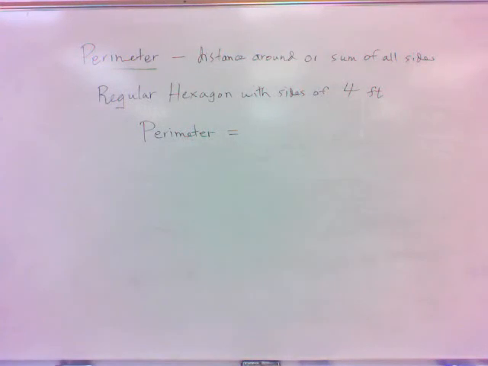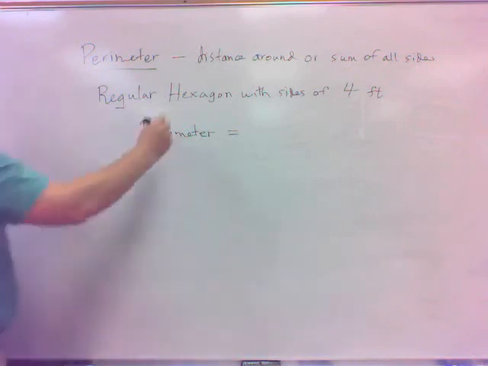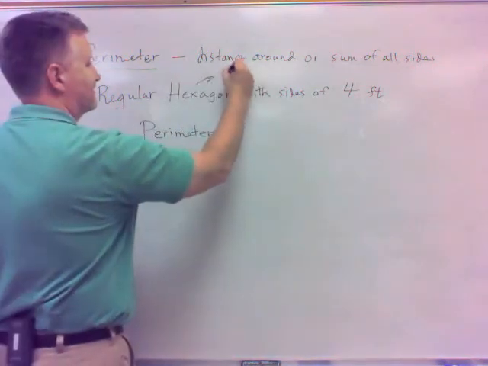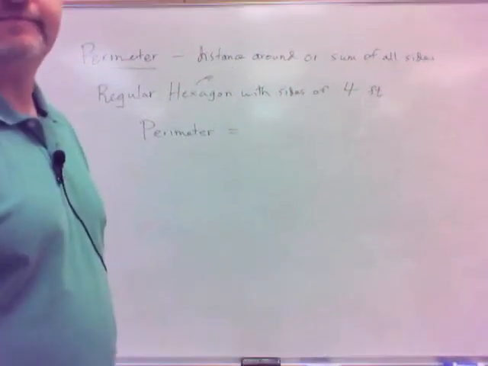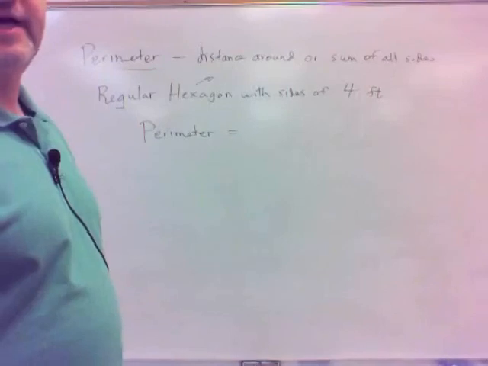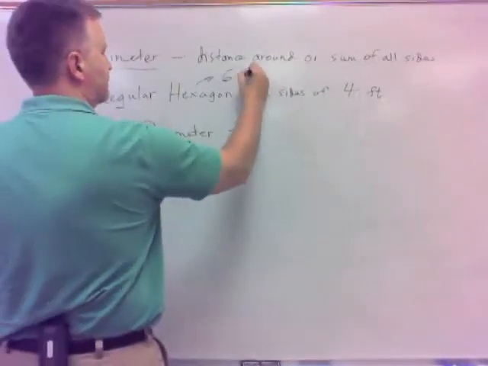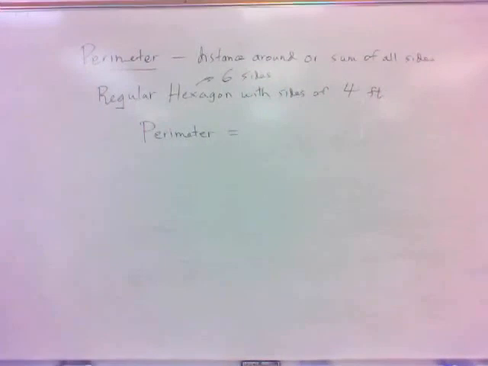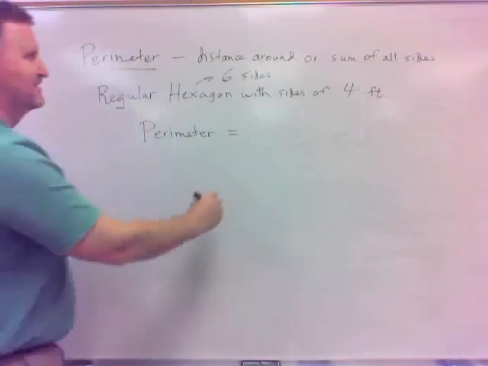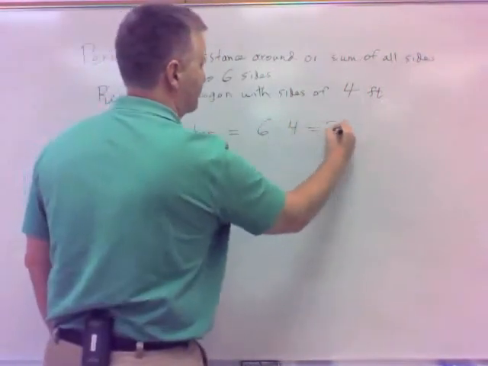Well, the key ingredient there is it's a hexagon, so how many sides is that? Hexagon? You don't know your pentagons? 6 sides. Six sides on the hexagon, so what's the perimeter? Well, you do 4 feet 6 times, right? 6 times 4? 24.